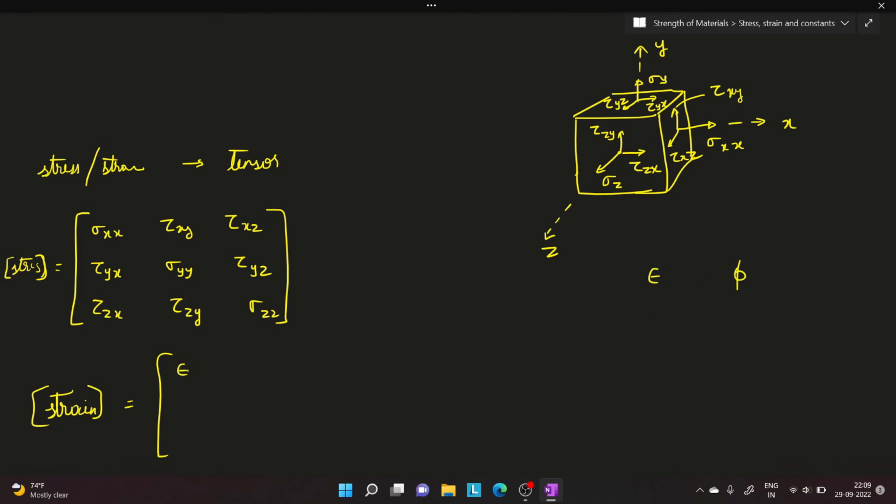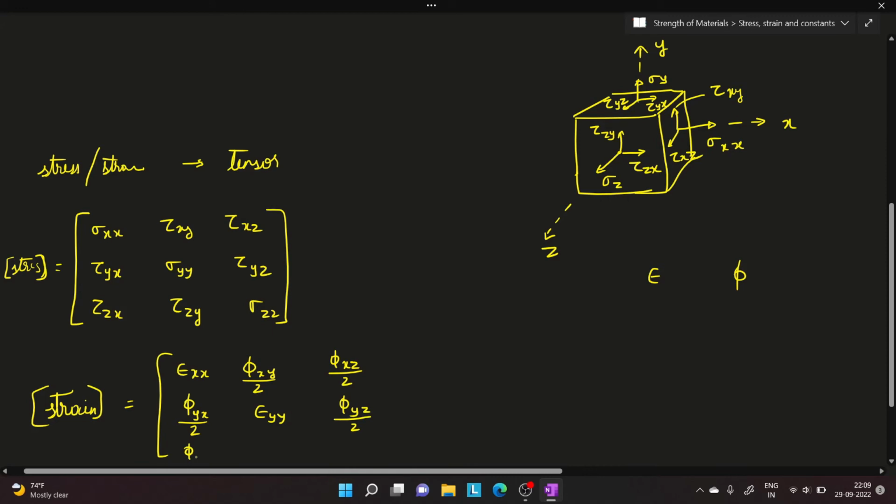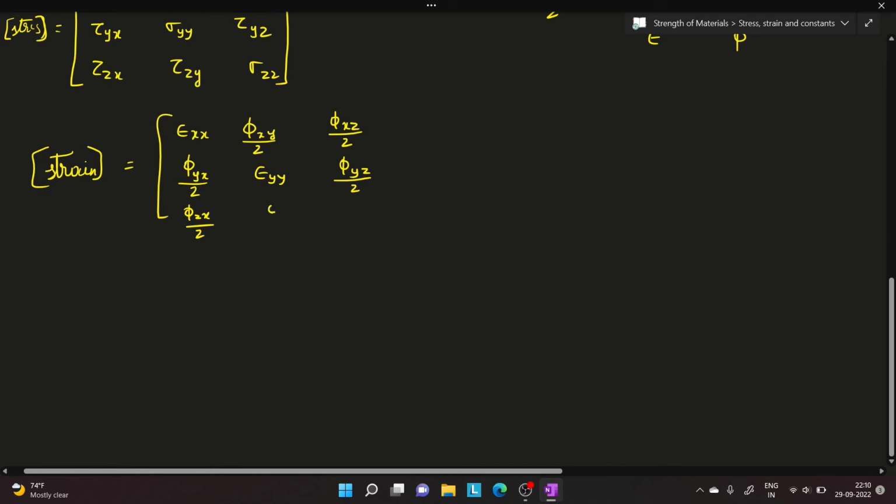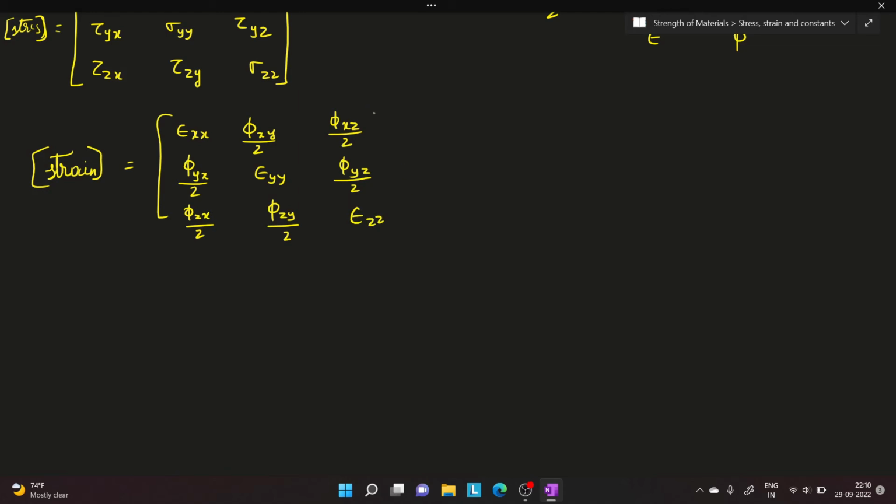So epsilon xx, phi xy divided by 2, and phi xz divided by 2; phi yx divided by 2, epsilon yy, and phi yz divided by 2; and again phi zx by 2, phi zy by 2, and epsilon zz. So this is going to be our strain tensor.